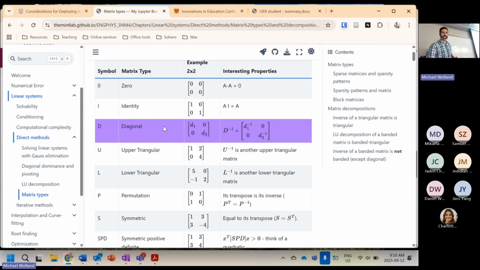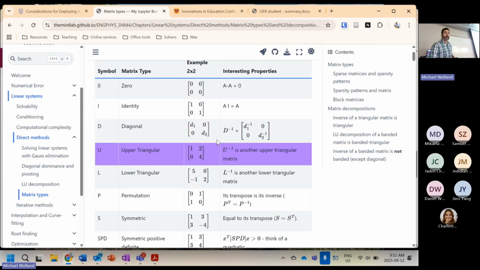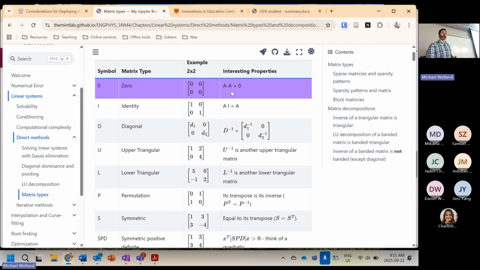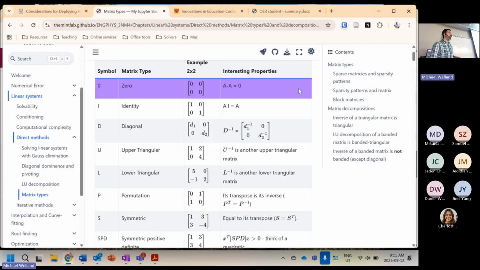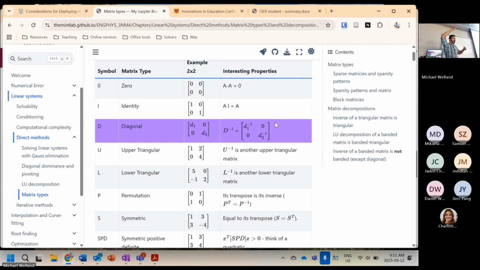Matrix types. Identity, diagonal. We spoke about this. Interesting property: A minus A is 0. AI is equal to A. I, the identity matrix, is the ideal matrix because it is the 1 in your equation.